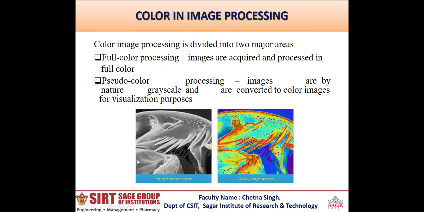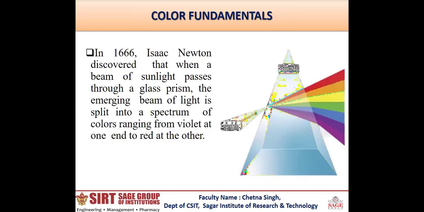This is the plain monochrome color, and this is the gray color for pseudo color processing. And if we take a realistic image from the real world, that is called full color processing. Now you can understand what full color processing, pseudo color processing, and plain monochrome processing are in terms of images.